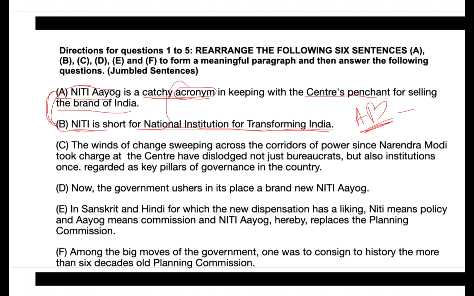Niti's acronym is given in National Institution for Transforming India. So fine, we find one of the pairs. We just assume that this A and B is one of the pairs.